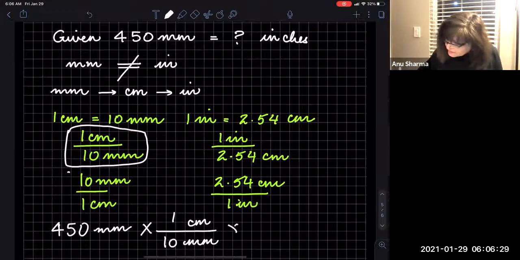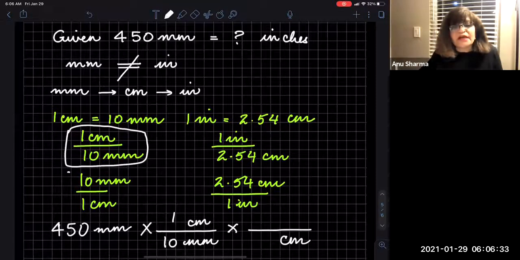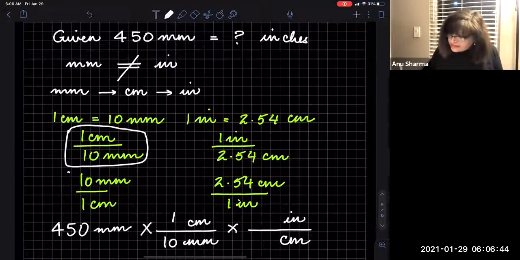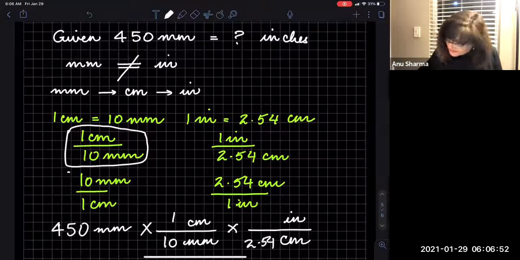And then now we want to get rid of the centimeter, so centimeter goes in the denominator, and the numerator is going to have the unit that we need, the inches. That is what the question is asking. And now you fill in how many centimeters. So we see that 2.54 centimeters is equal to 1 inch, so we are going to use this one.